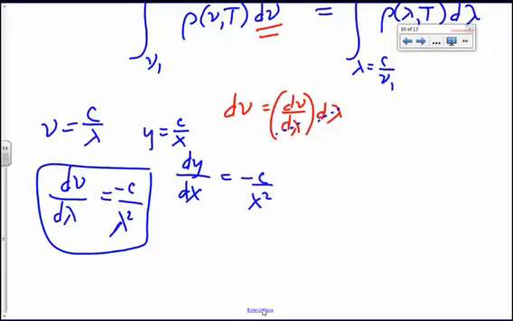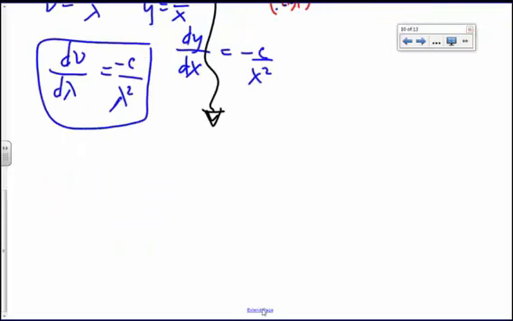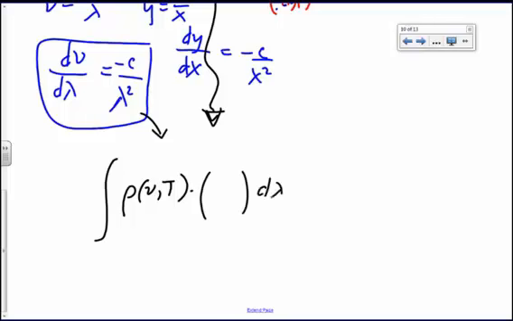So d nu is this. Let's rewrite this one right here. This is equal to the integral of rho of nu T, spectral density per unit frequency, times, instead of d nu, I'm going to write d nu d lambda times d lambda. So d nu over d lambda is minus c over lambda squared.